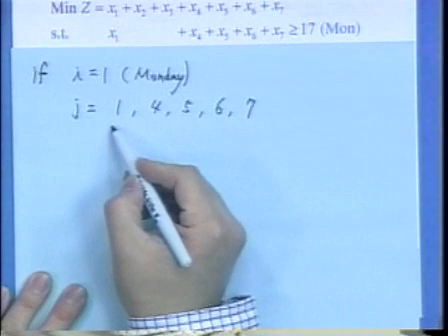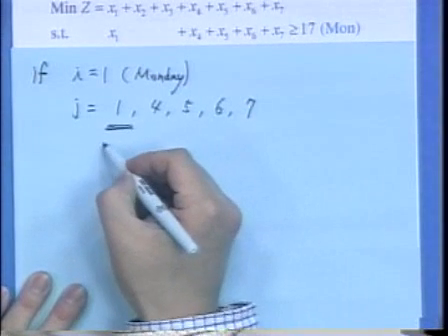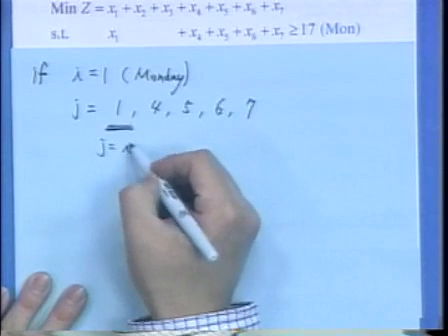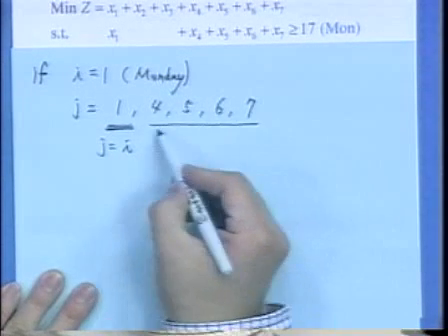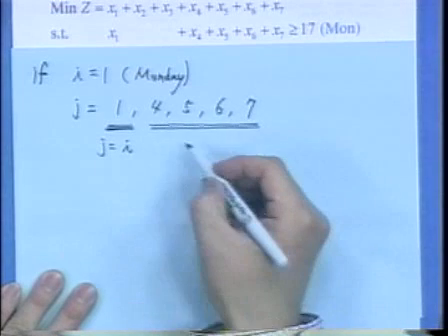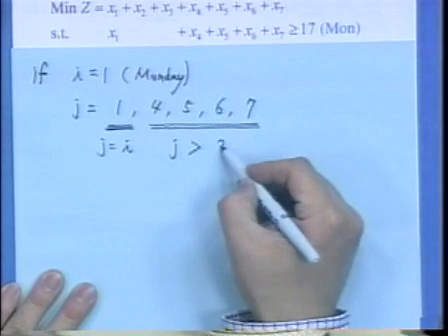So I would say j would be equal to I, and for these values j is greater than 3, right?